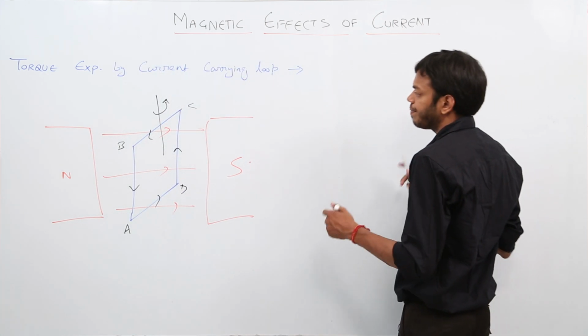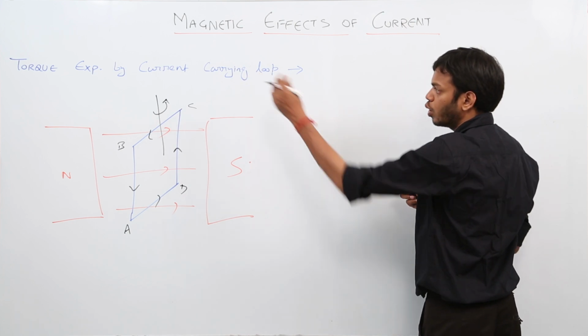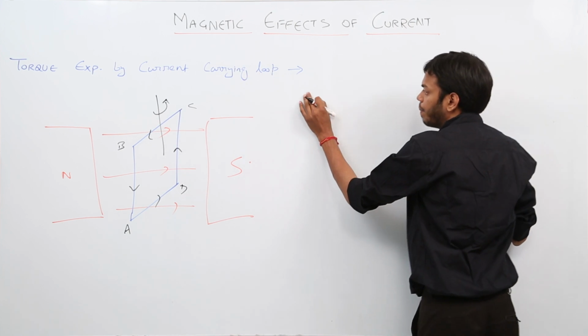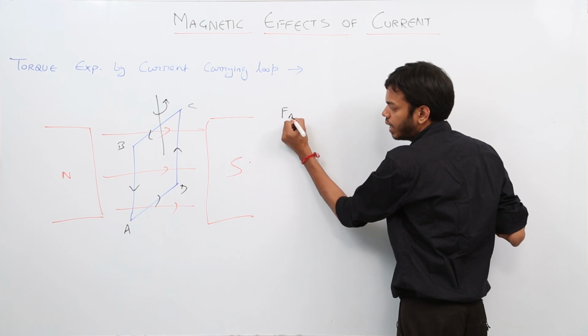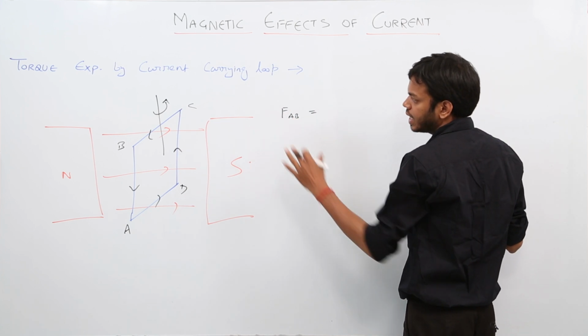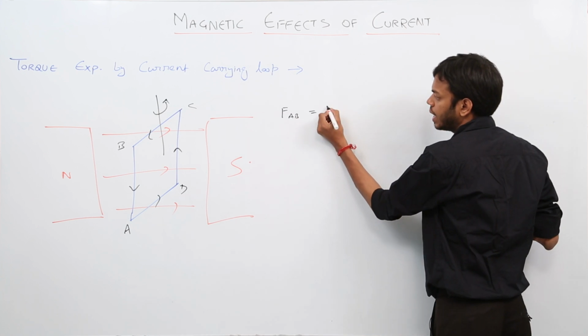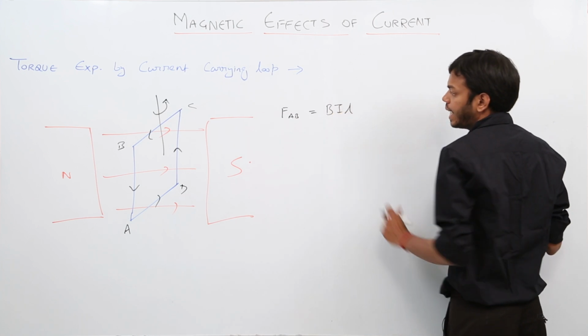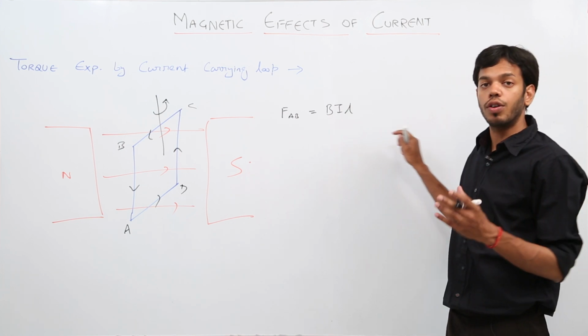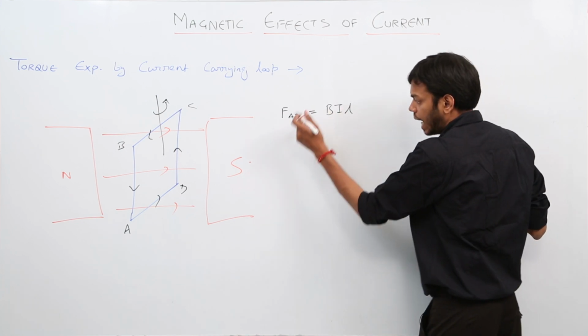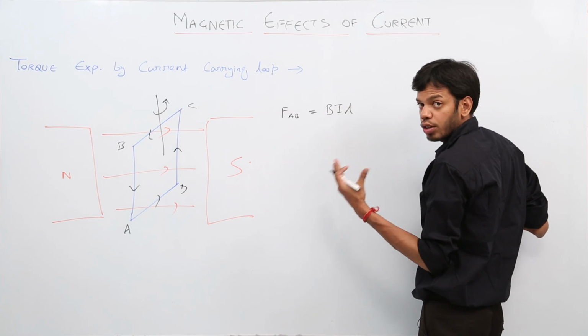For torque, how do we derive this expression? Before explaining torque, let's find out the force on wires AB and CD. Force on wire AB is BIL. Guys, if you are confused that the formula was actually BIL sin theta, I would rather do it for you. You need not write this.